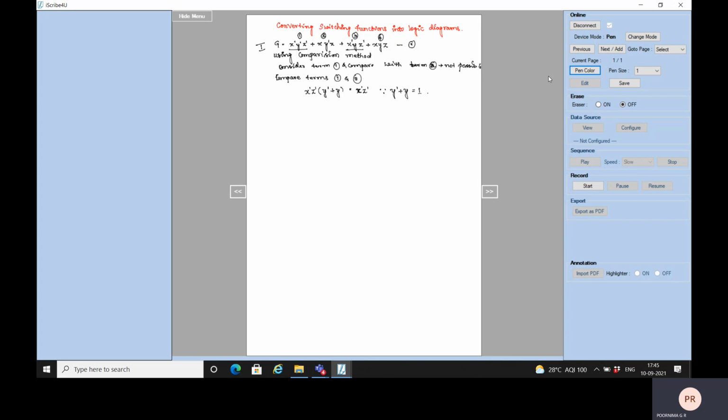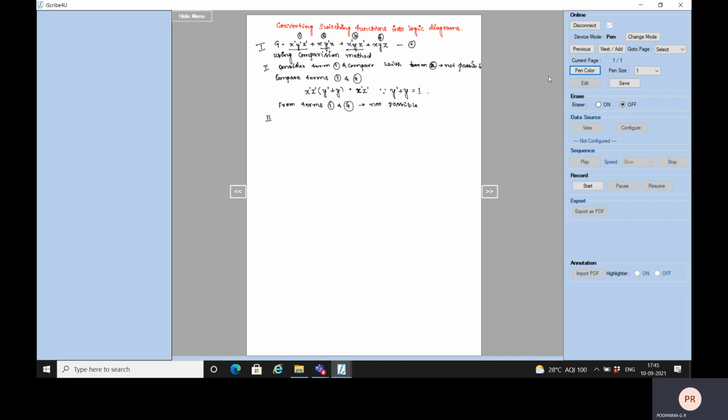Similarly, we compare terms 1 and 4: x bar, y bar, z bar with x, y, z. Here the redundancy cannot be removed because all the variables are complements of each other, so no single variable differs. Therefore it is not possible. In the second stage of the comparison method, we take the second term and compare it with the subsequent terms.